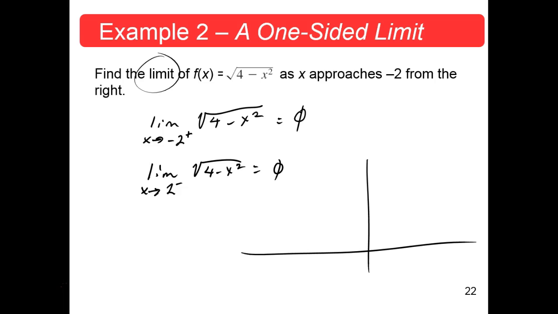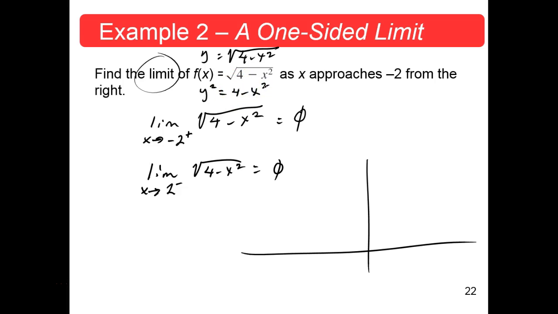So if you put y is equal to the square root of 4 minus x squared, what's messy about that? The square root symbol. How do we get rid of it? Square both sides. So that gives us y squared is equal to 4 minus x squared.